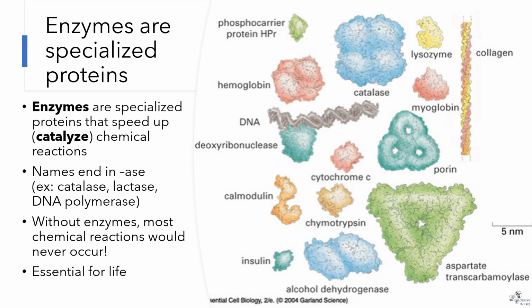Without enzymes, period, reactions would be so slow that no life would be able to exist on Earth. A lot of these reactions would happen on levels of hundreds to thousands of years rather than the nanoseconds that we need them to within our bodies. So they are very, very essential to life.